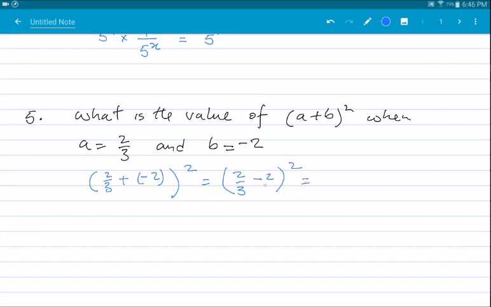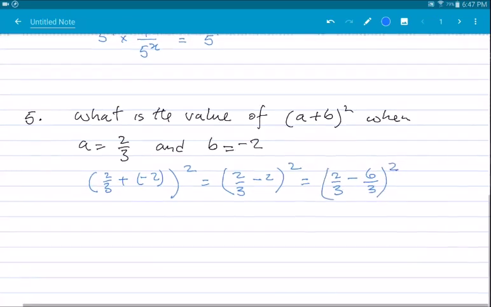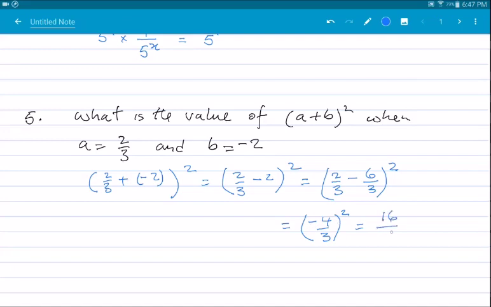That's equal to 2/3 minus 6 on 3 all squared, which is equal to minus 4 on 3 all squared. But when I square a negative, minus times a minus, I get positive 16 on 9. I square the top, I square the bottom.